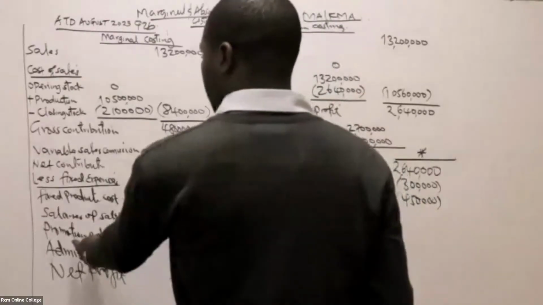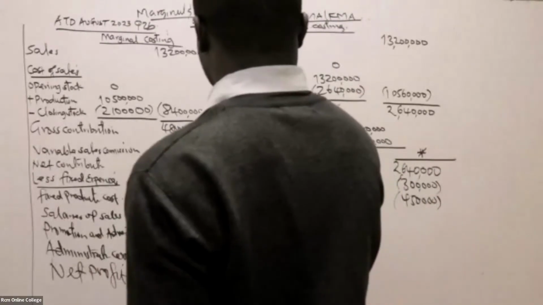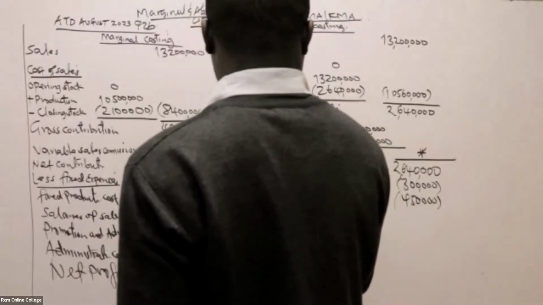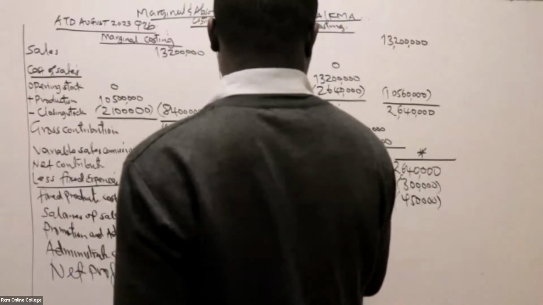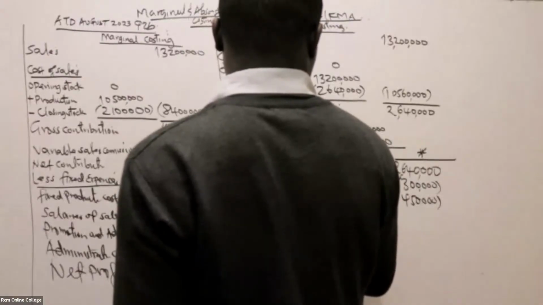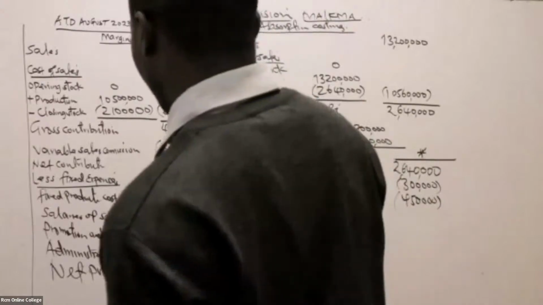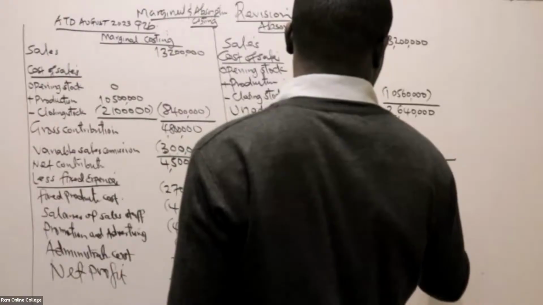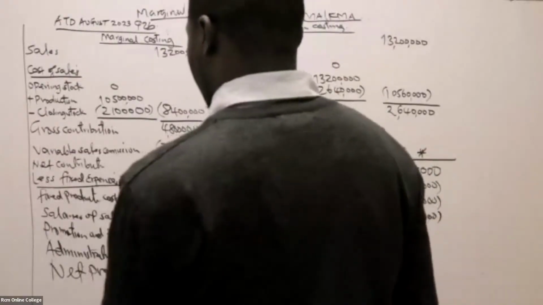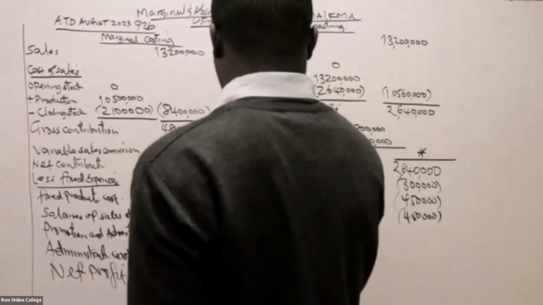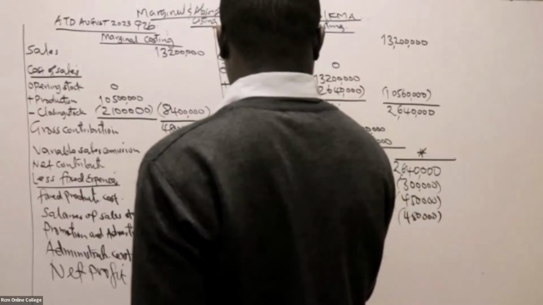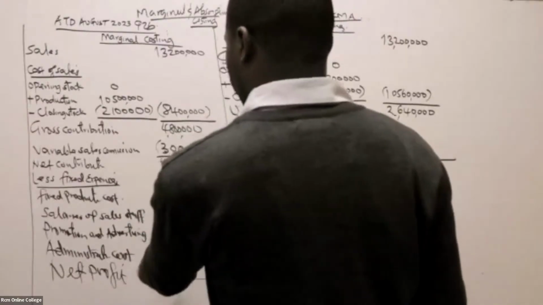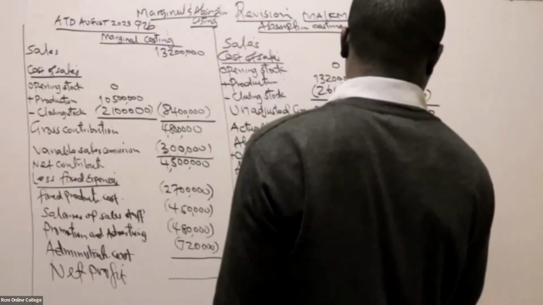Then we go to promotion and advertising, 480,000. Then we go to administrative costs. Of how much? 720,000.